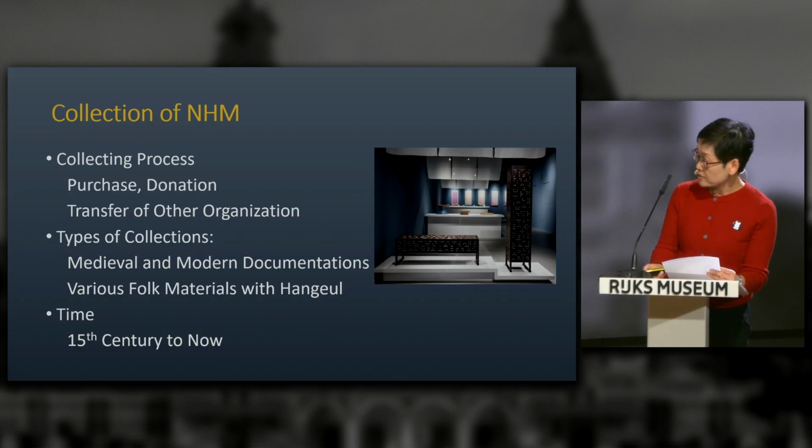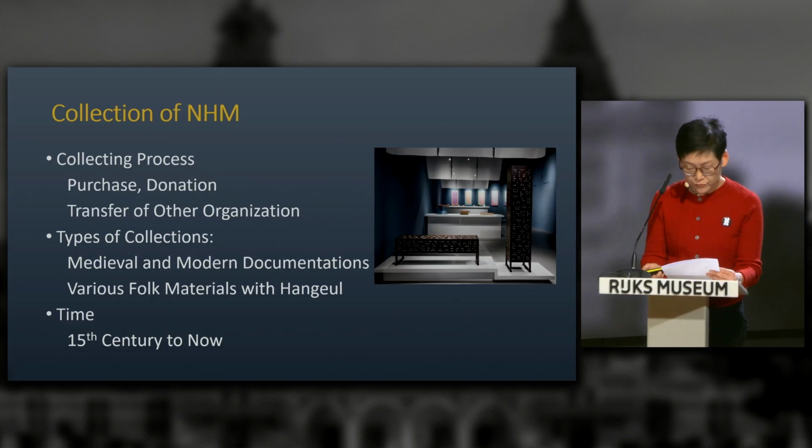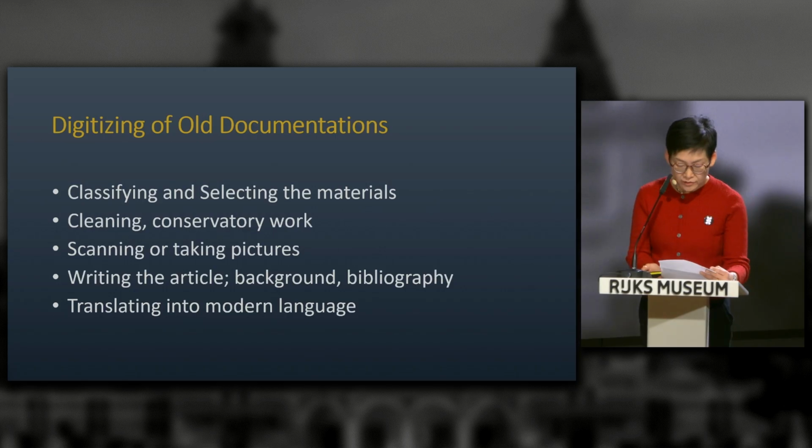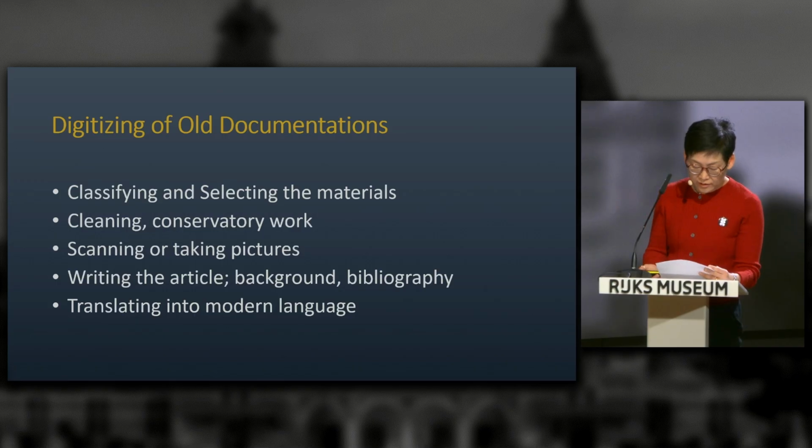Our collection ranges from the 15th century to contemporary items. And we go through classification, as you know, numbering, conservation treatment, photos, and metadata entry before they are officially registered.